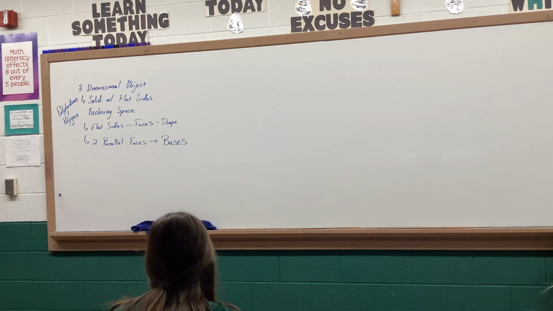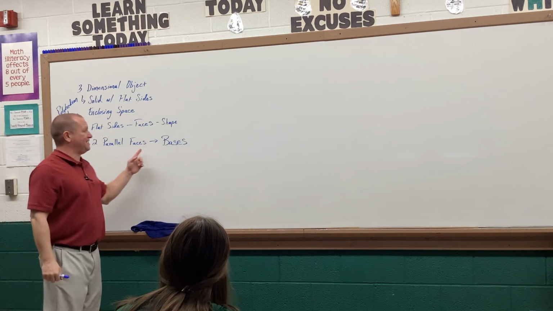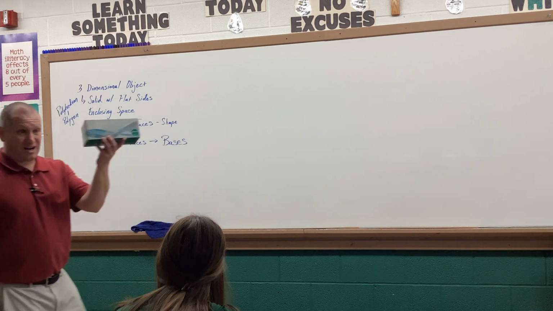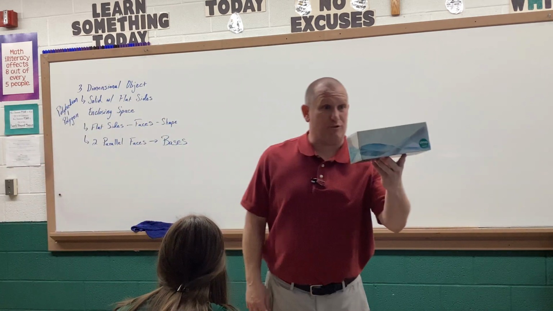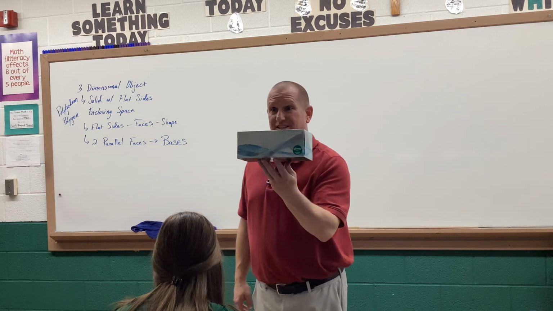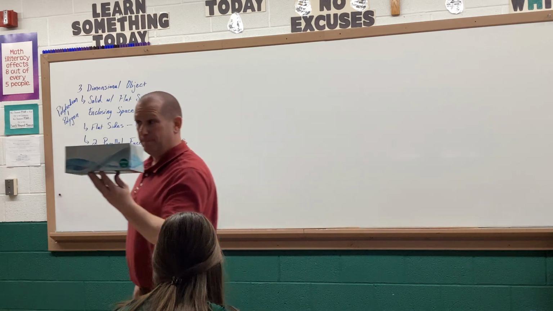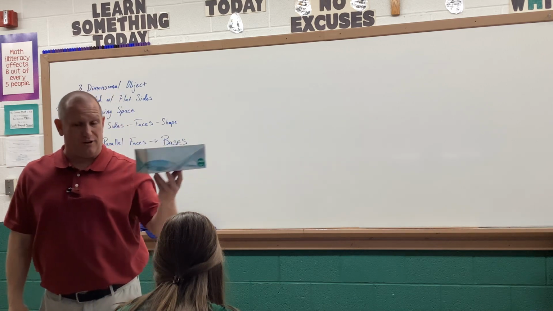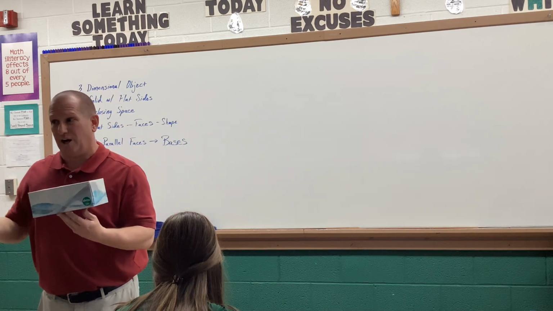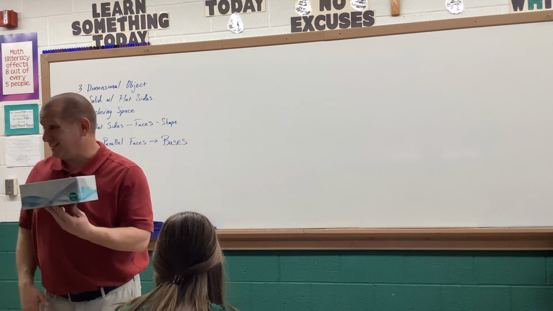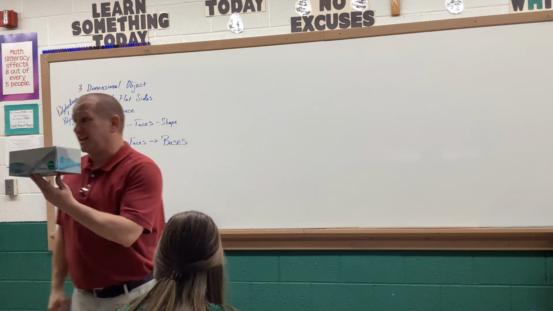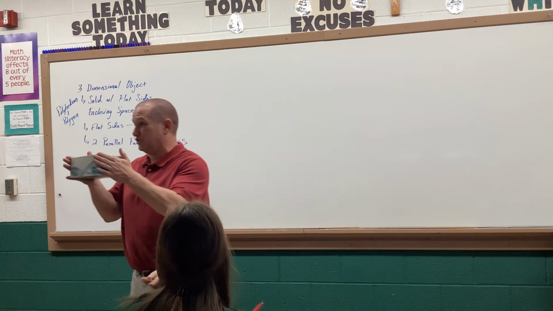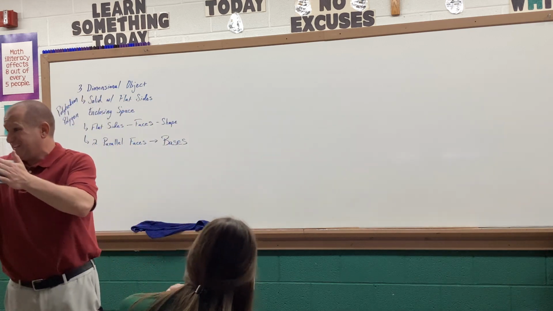So how do you differentiate between a face and a base? Well, on a box, can I realistically tell the difference between the faces and the bases? No. Basically, I'm always going to think that the base is where it sits, right? But maybe Tesla looks at it and says, I think the bases are the two outside ones because it's holding it together.